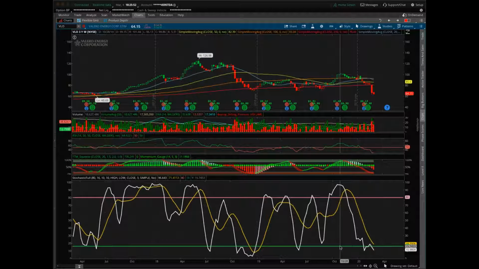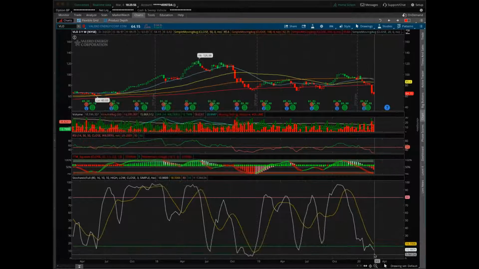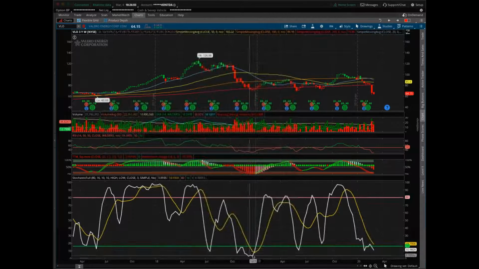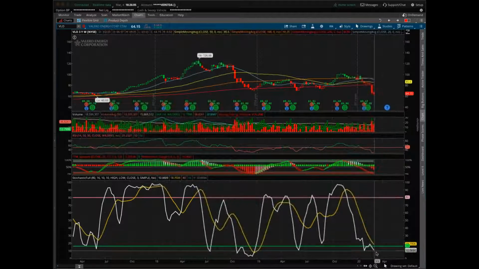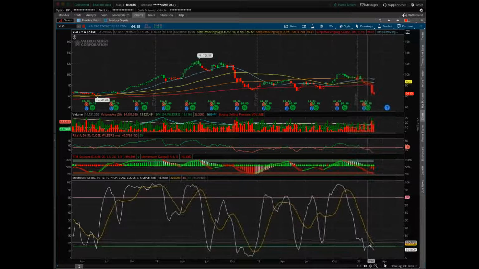The market is oversold, especially when you're below 10. You're extremely oversold, and that is where you want to be looking for reversals. And that's when the white line curls up and tries to cross over the yellow line.